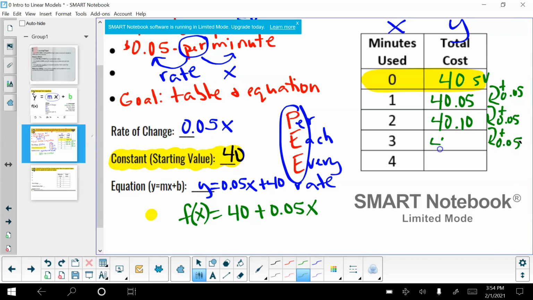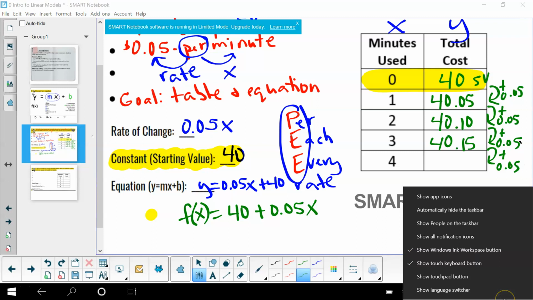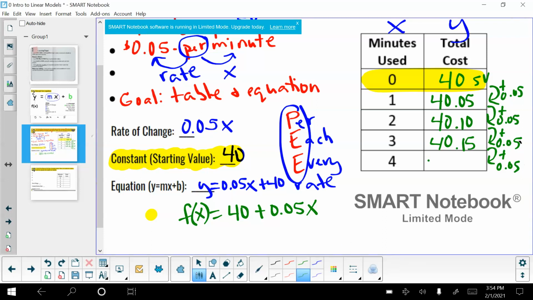So for 3 minutes, it's going to be $40.15. And then to keep going, for 4 minutes, you would add another 5 cents. So you would do $40 and 20 cents. And you could keep going with that table, just keep adding your minutes, adding your 5 cents, and make a bigger, longer table if you want.